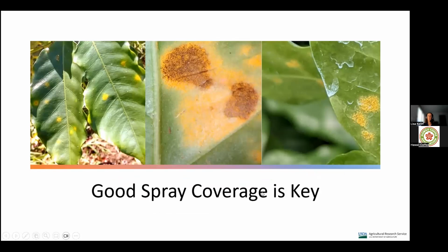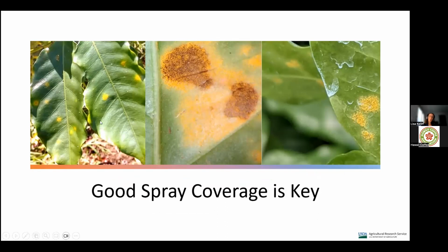This is why we can't stress enough that good spray coverage is key, especially when it's not a true systemic. Even the translaminar, where this product gets to, offers protection for that spot, for that area.